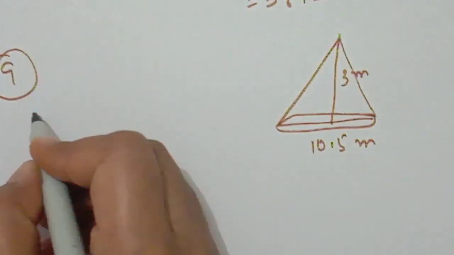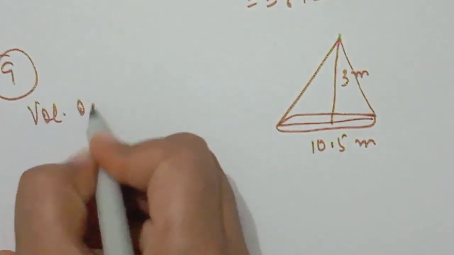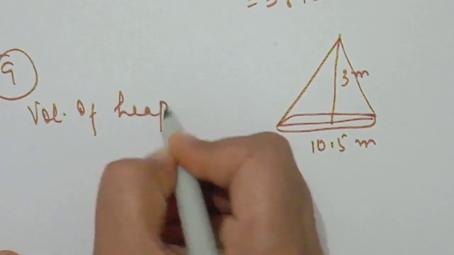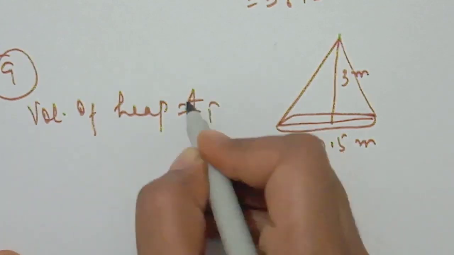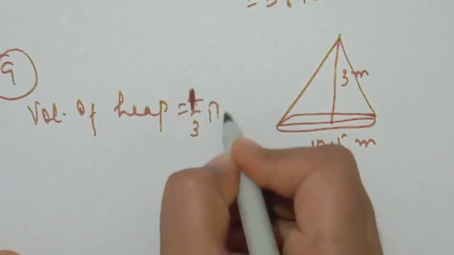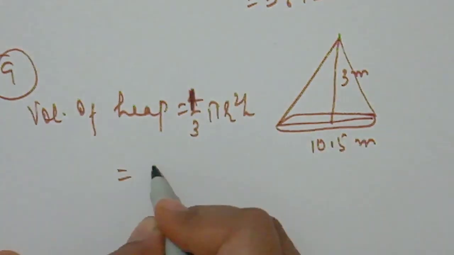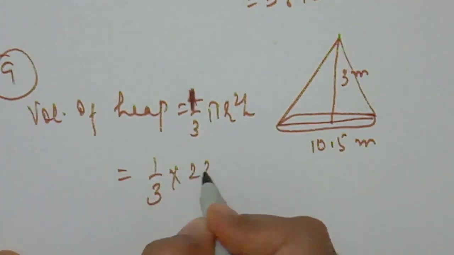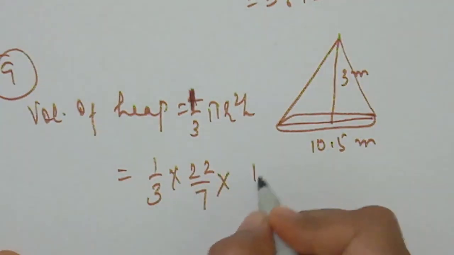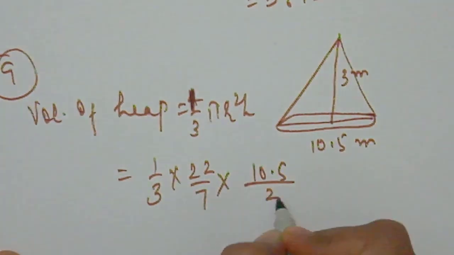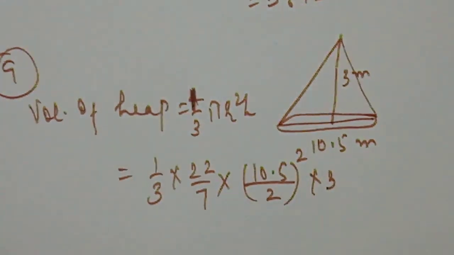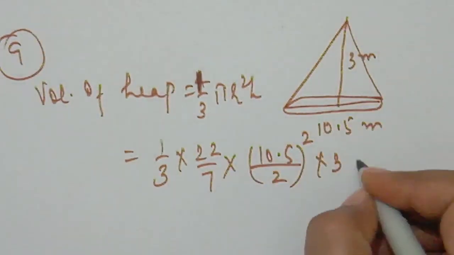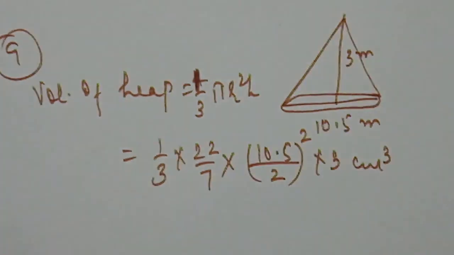It means the volume of the heap is 1/3 pi r square h, which is 1/3 into 22/7 into (10.5/2) square into h, which is 3. So students, you have to solve this. This is the volume of cone.